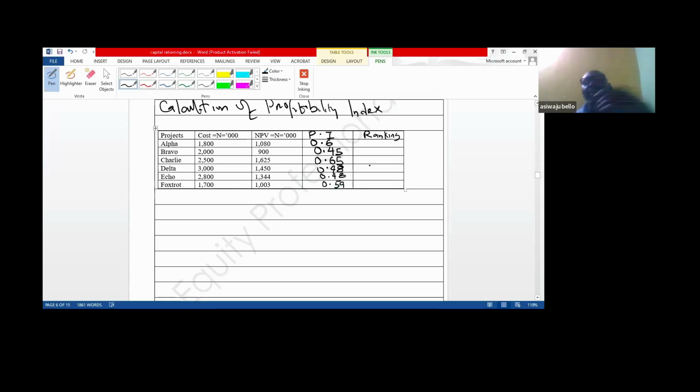Now ranking. Starting from the highest PI, Charlie will come first, followed by Alpha.